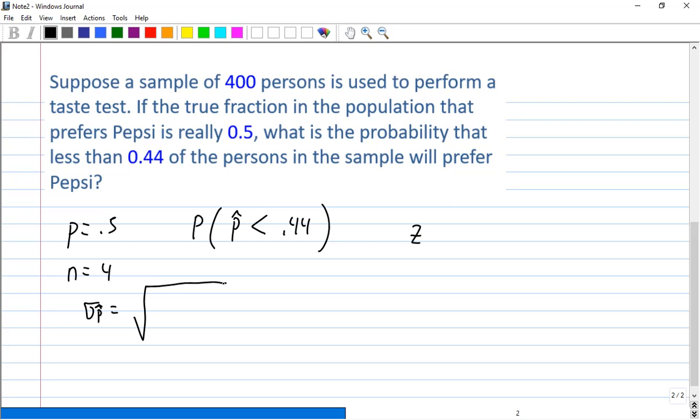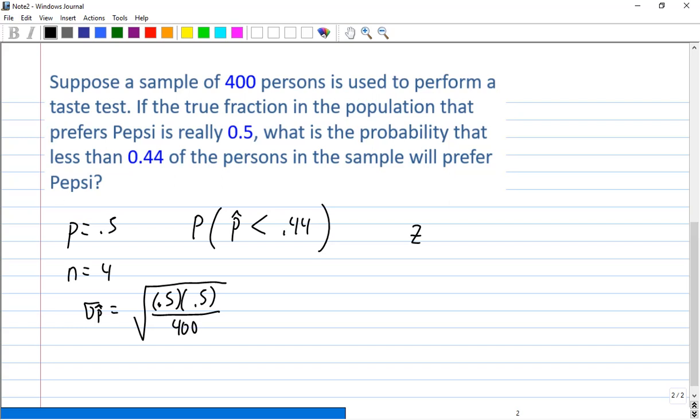And remember, we use the population values to find this. So it's 0.5 because it tells us that if 50% or 0.5 prefer Pepsi, so it's 0.5 times 1 minus 0.5. What's 1 minus 0.5? 0.5, right? Over 400.